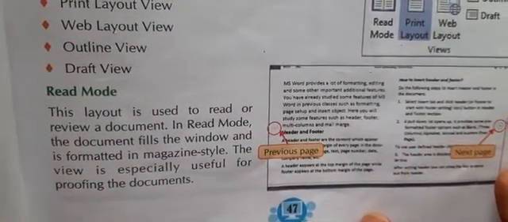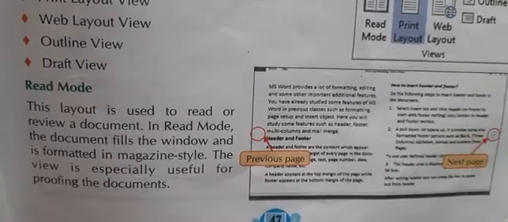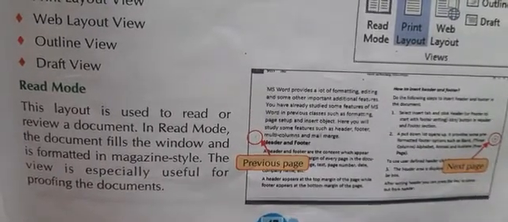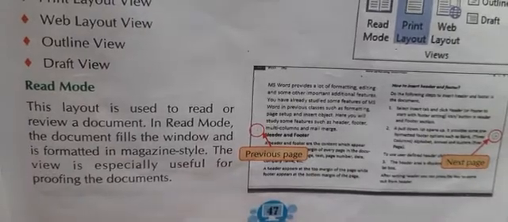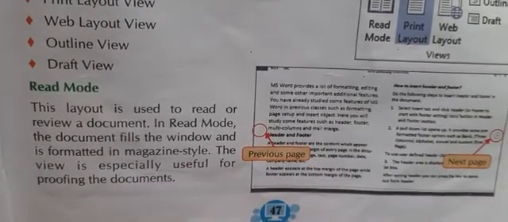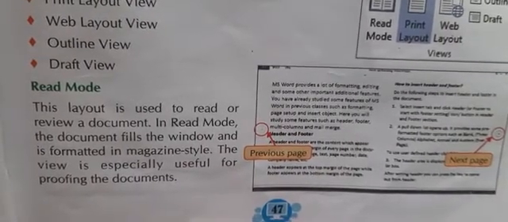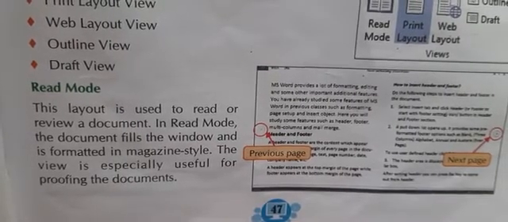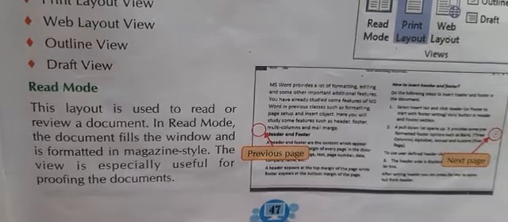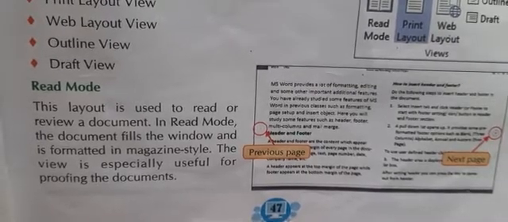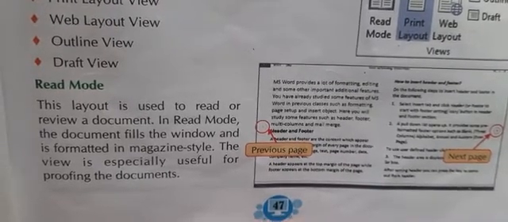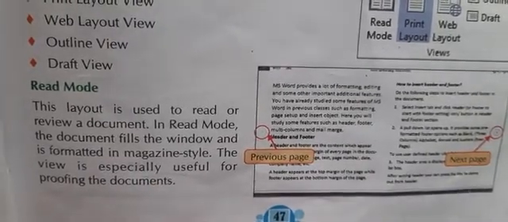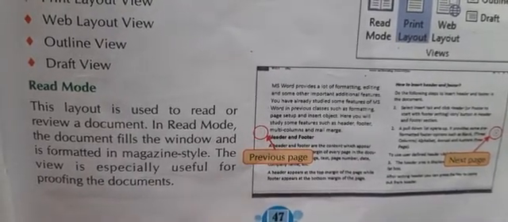First is read mode. In read mode, this layout is used to read or review the document. The document fills the window, or it can be displayed on the full screen, in a magazine style.